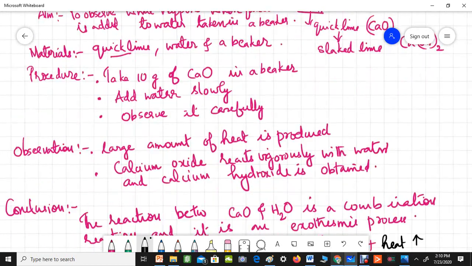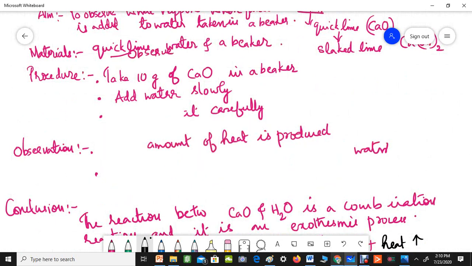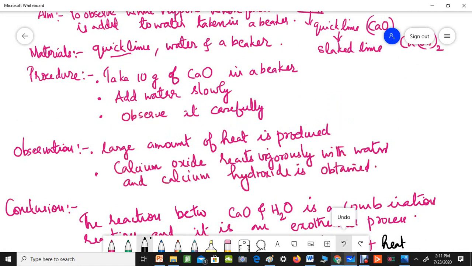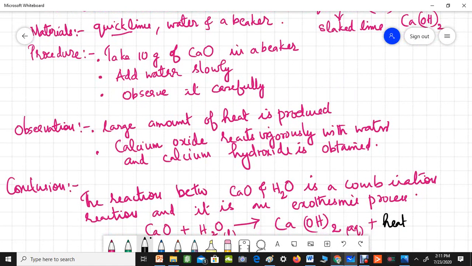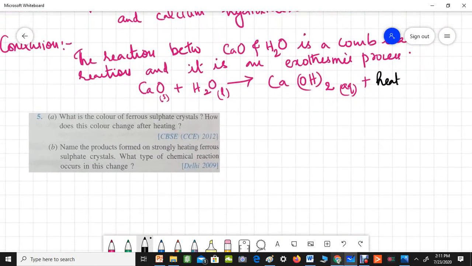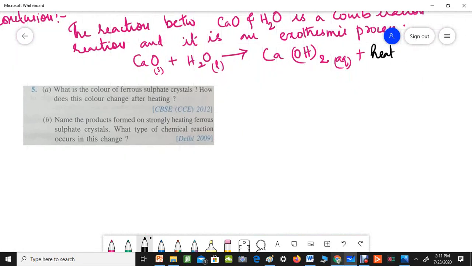Now, let me try to go to the second question. Second question is, what is the color of ferrous sulfate crystals?